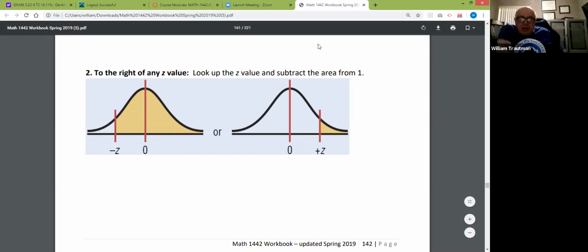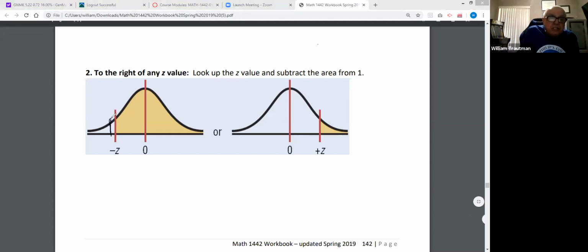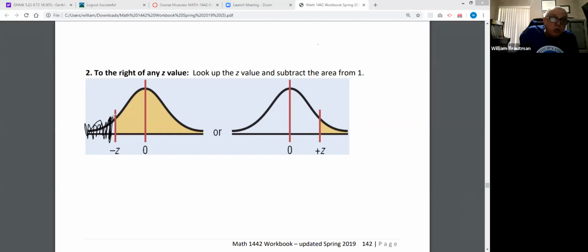Just like with the binomial distribution, the table will only show you what's shaded to the left, not what's shaded to the right, if you remember the binomial distribution that we did. But with our calculator, the way we're going to do it, it's going to be really easy.